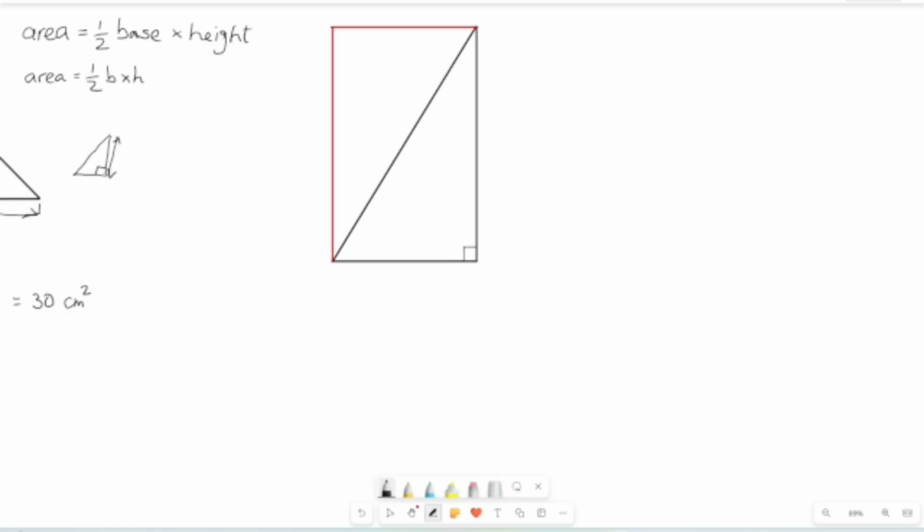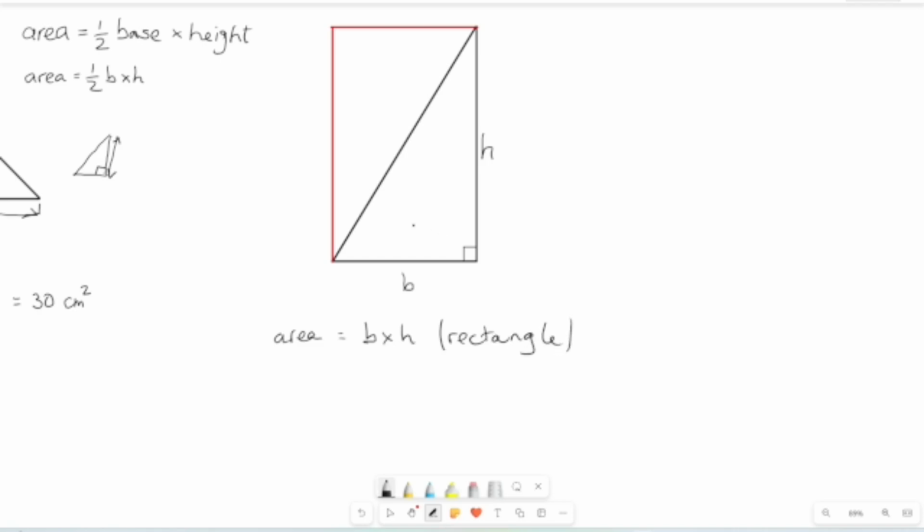I've completed the rectangle with the red lines here. If we take this side as our base and this side as our height, well, we know the area of a rectangle is base times height. Base times height for a rectangle.